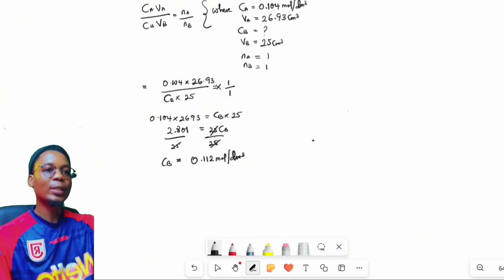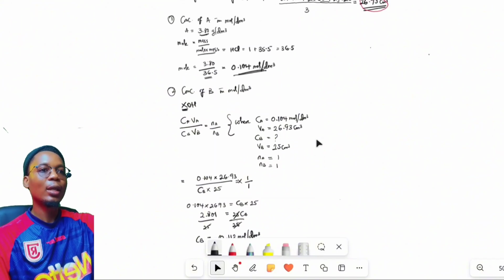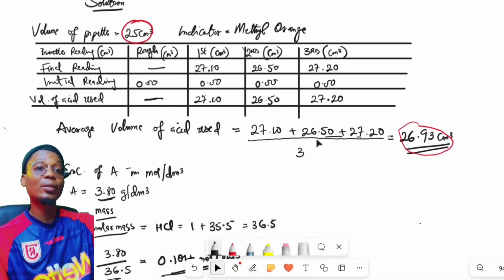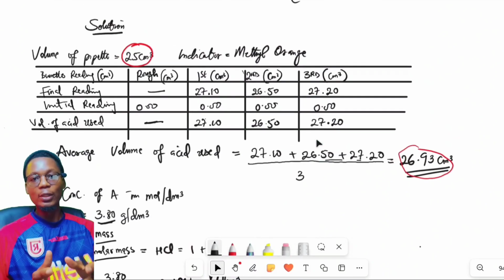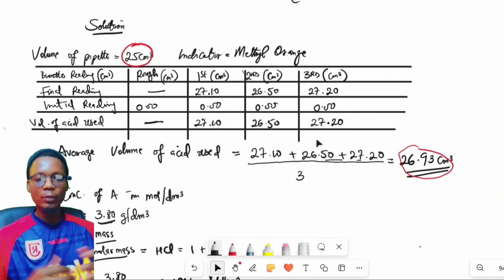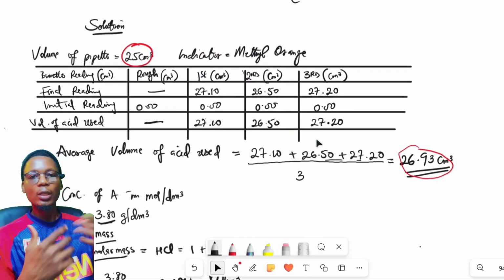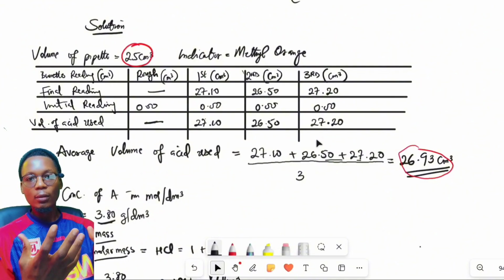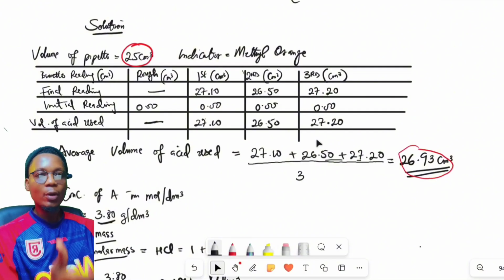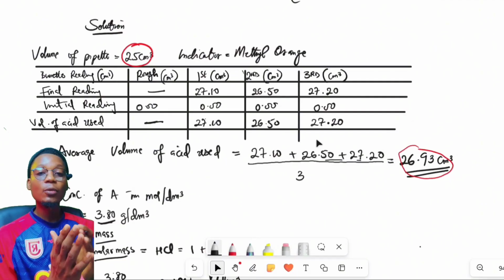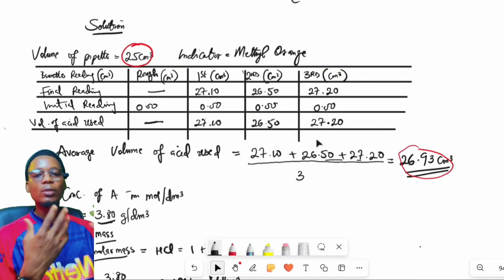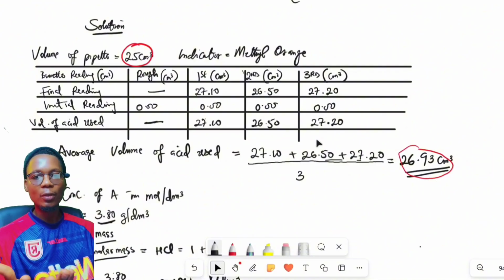So this is basically everything you need to know in titration, or the basic things you need to know in titration. But the sole aim of this video was not to solve the question, rather it was to show educators that you can actually achieve the same aim you want to achieve in a real lab also in your virtual lab, especially when you don't have access to the lab on the spot, or for some reason the laboratory is not well equipped.